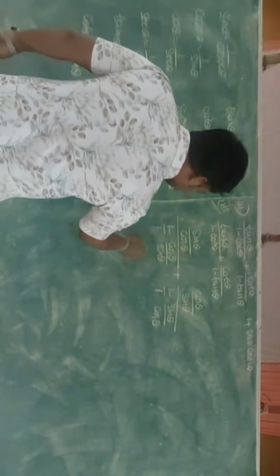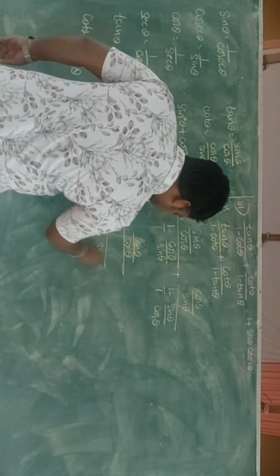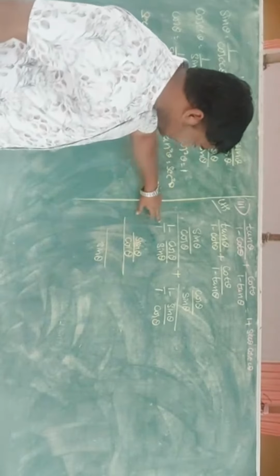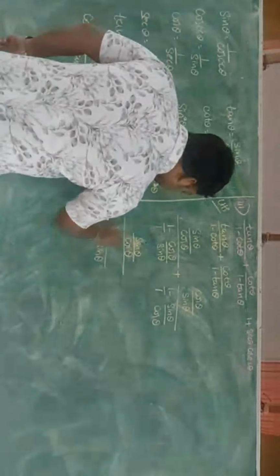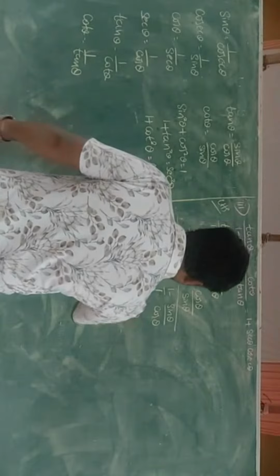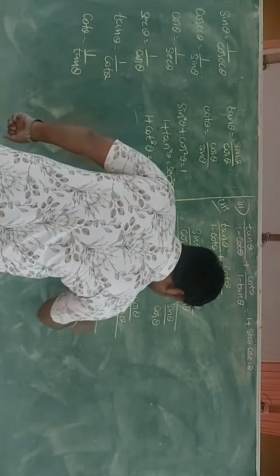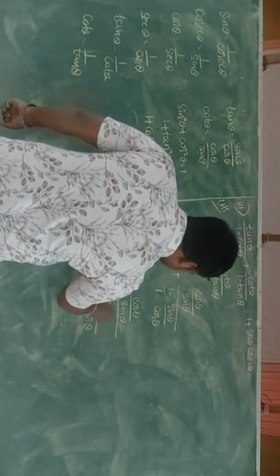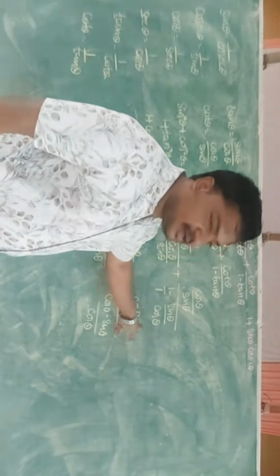So again you have to write everything as it is: sin theta upon cos theta, whole divided by (sin theta minus cos theta) upon sin theta, plus cos theta upon sin theta, whole divided by (cos theta minus sin theta) upon cos theta.